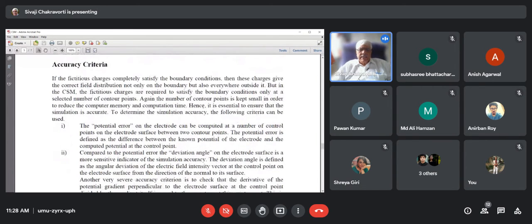Now the accuracy criteria. See, in any simulation, don't think that anything a computer program does is correct. Computer is as intelligent as the person using it. That's what the old proverb says.